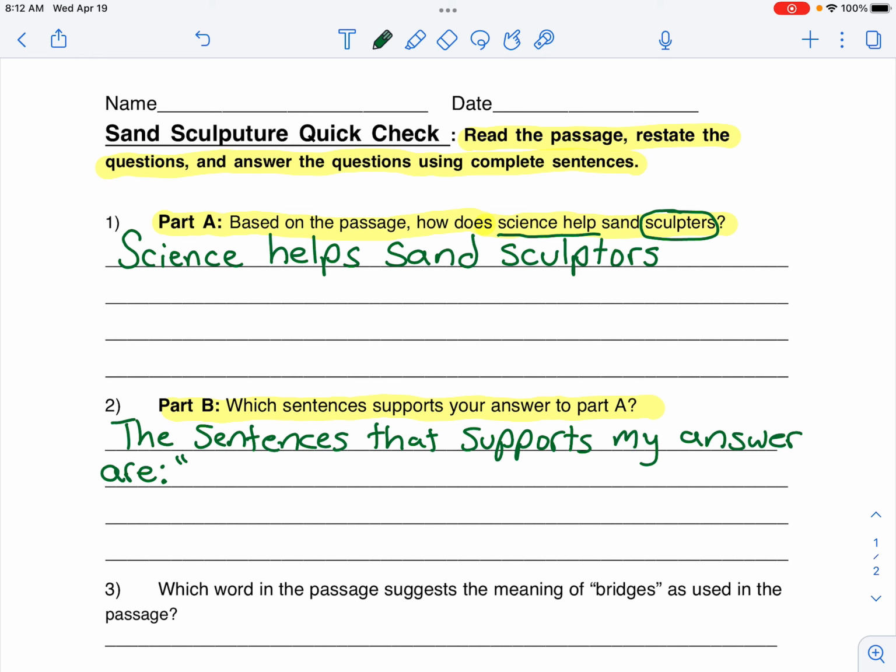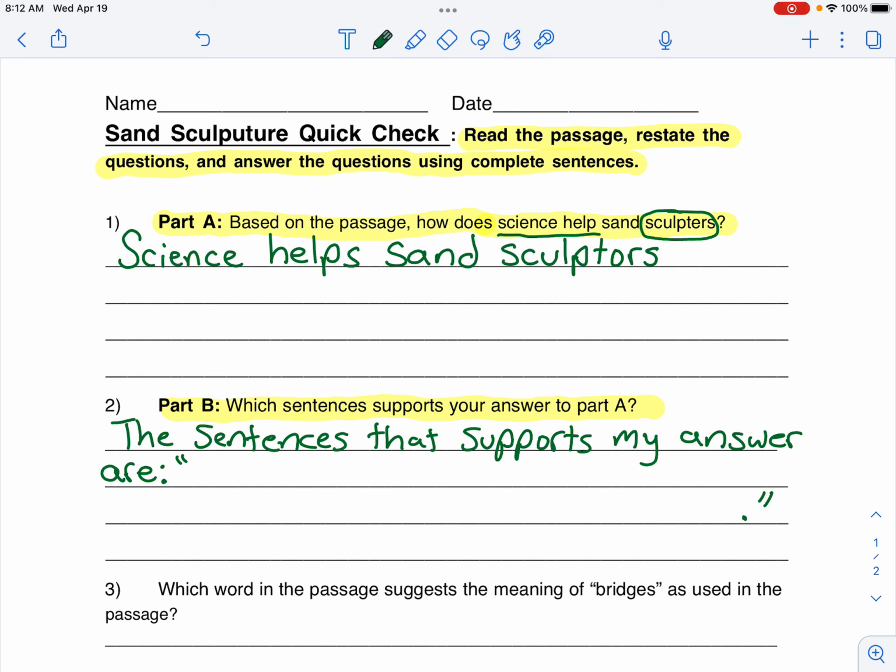Okay, and we want the reader to know that they're not your words, they're the words of the author. Remember to put end quotes once you're done copying the sentences from your text, and of course the correct punctuation.